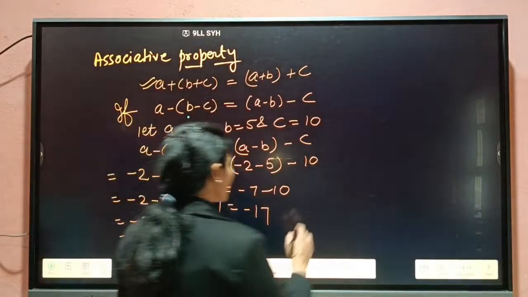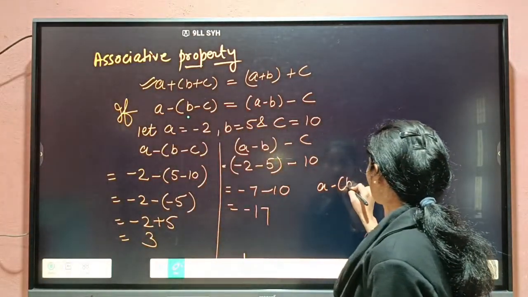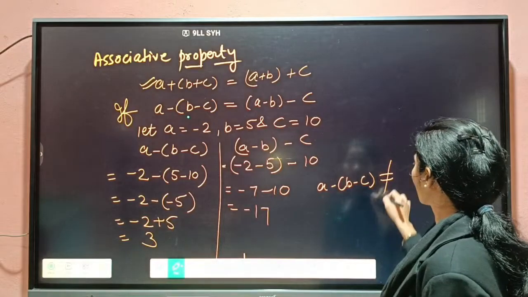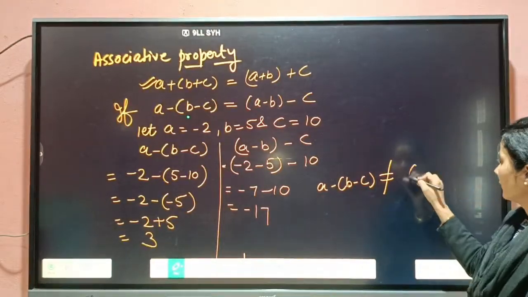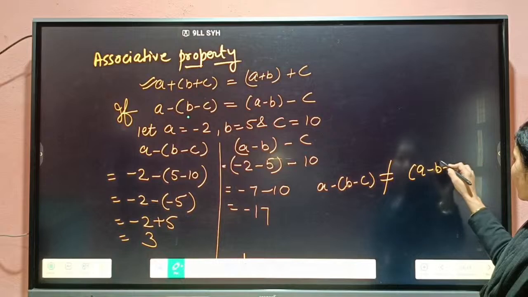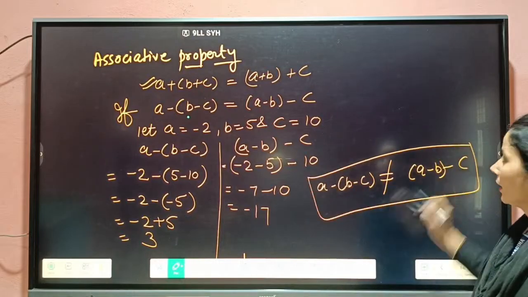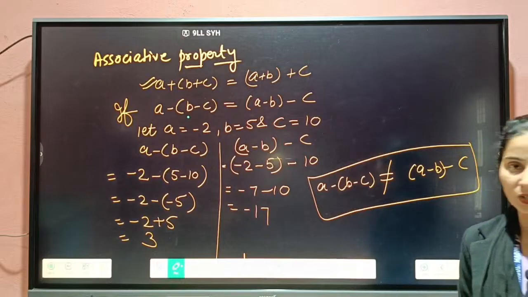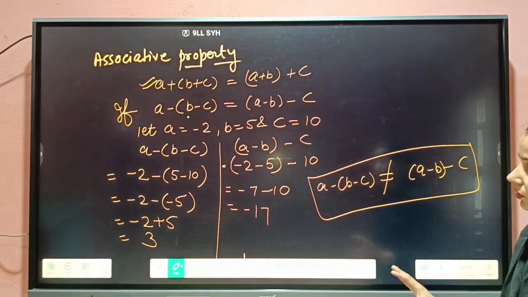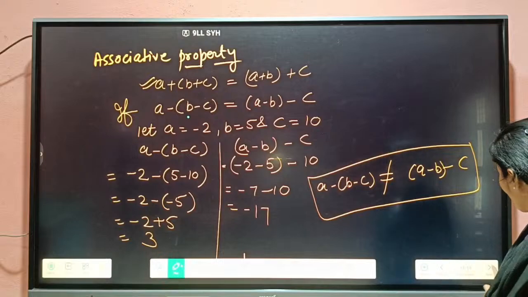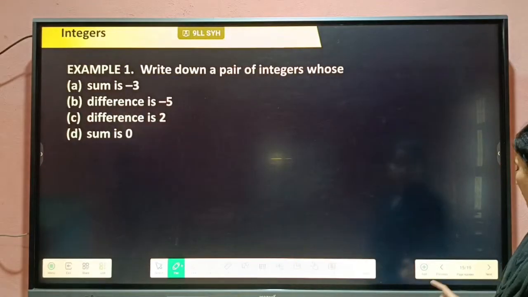Clearly we can say A minus (B minus C) is not equal to (A minus B) minus C. So the associative property doesn't hold in integers under the operation subtraction. So this was the associative property under addition and subtraction.